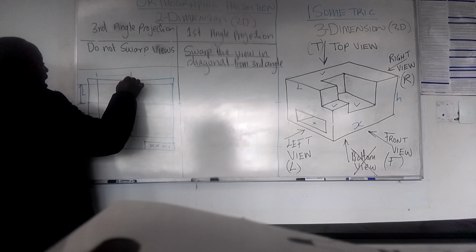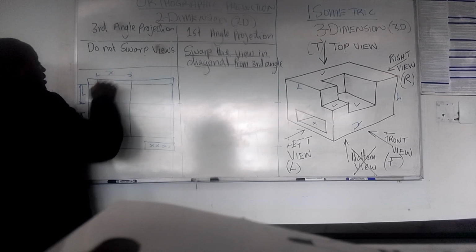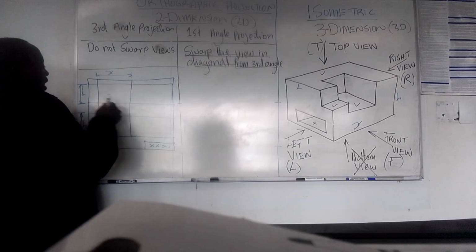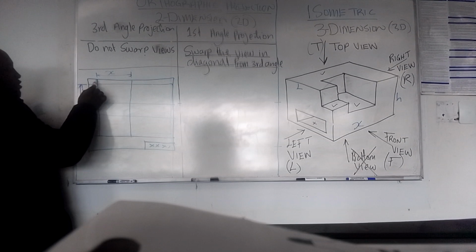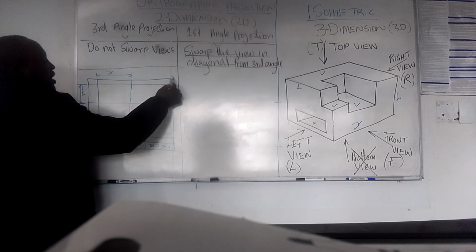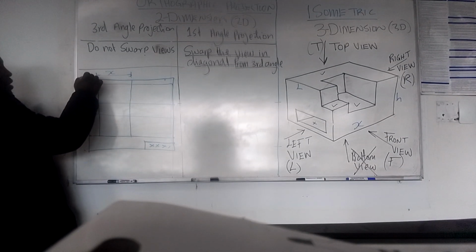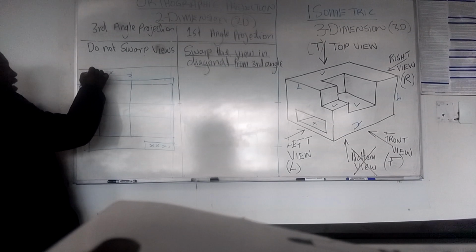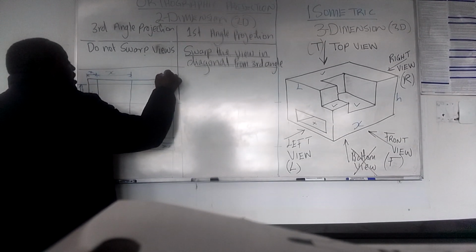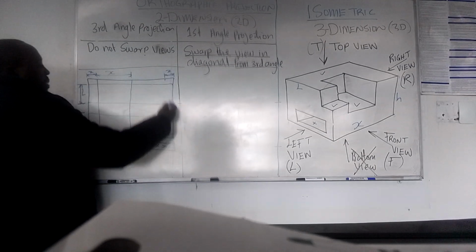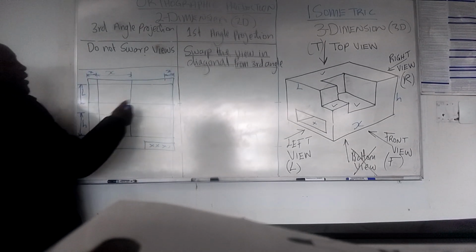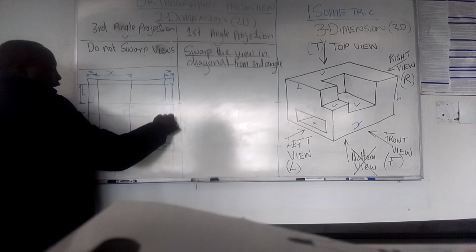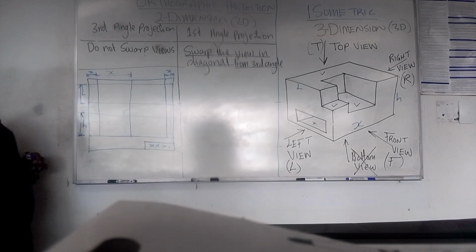From there to there is X. Then the length you have here from there to there, come this side, mark. Let me say the length from there to there is Z. Come this side, measure from there to there, Z. Remember, this is the edge of your paper. Then draw a line.